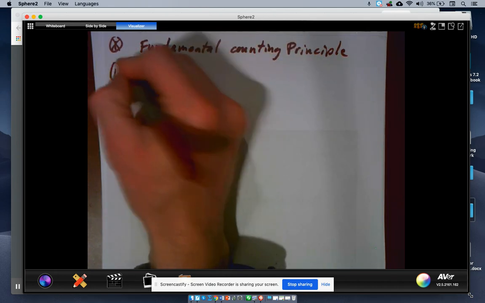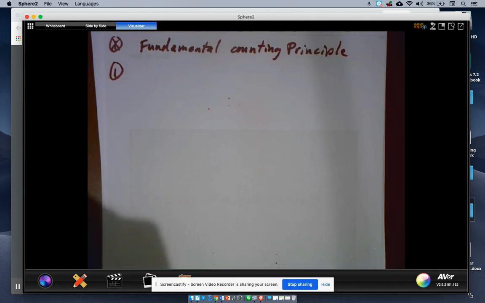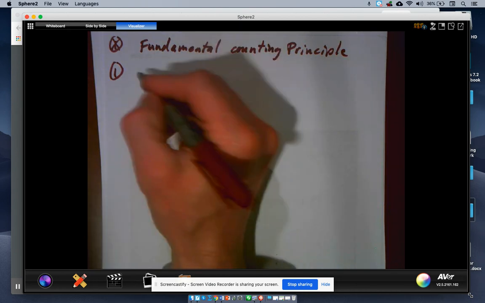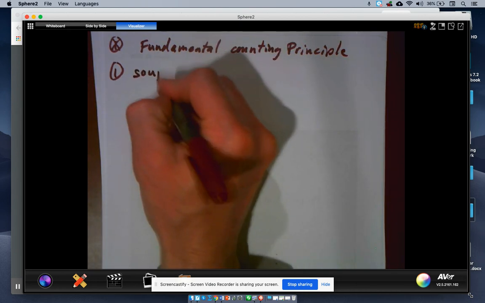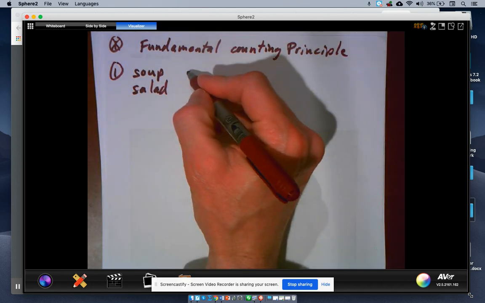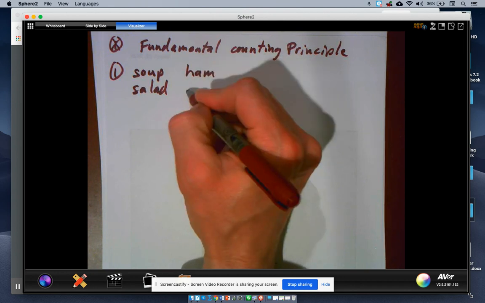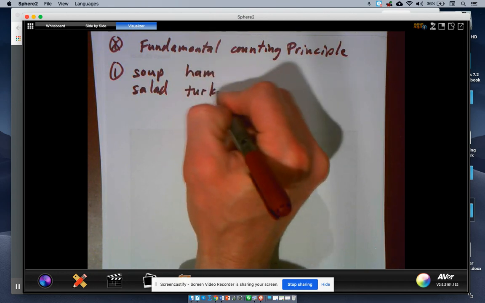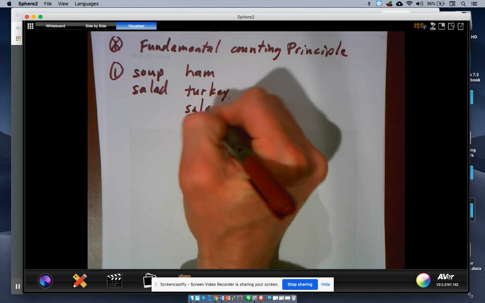So problem number 1, I went in for lunch at Panera the other day, and I had a choice of soup or salad. They had 3 different types of sandwiches. They were running a limited menu. They had ham, they had turkey, and they had salami.